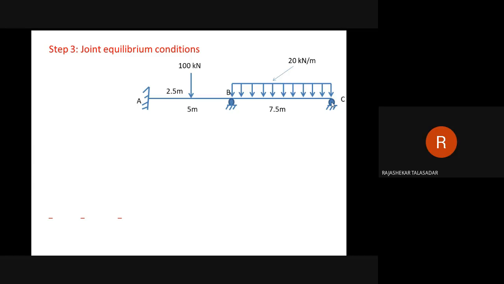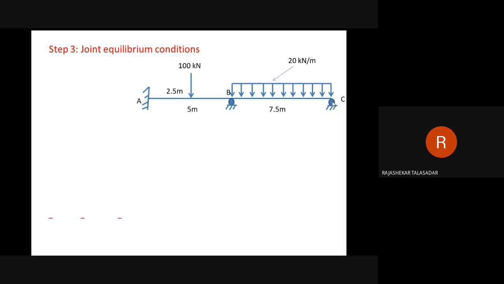Not there, sir. Means the moment at C, that is MCB, will be 0. If the extreme end is a simple support, roller or hinge, anyone may be there, the moment will be 0. So first condition is MCB is 0.